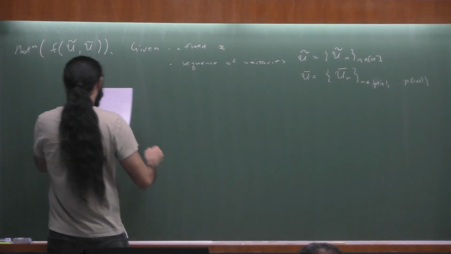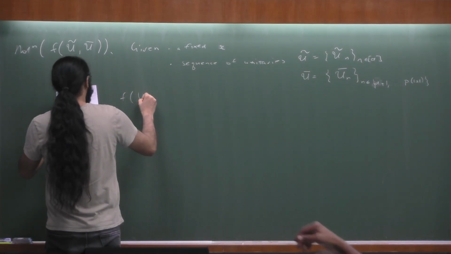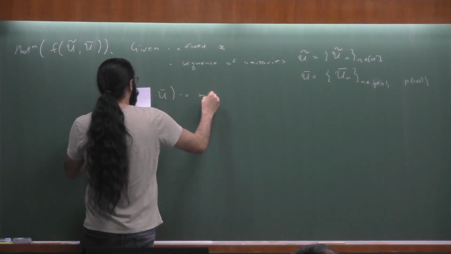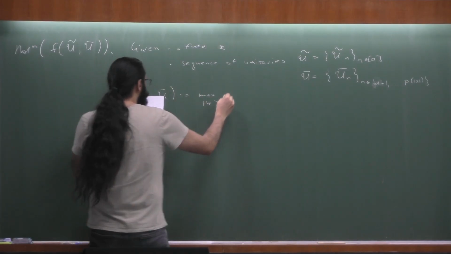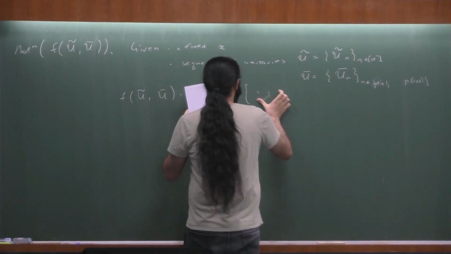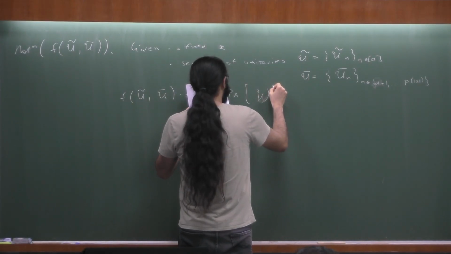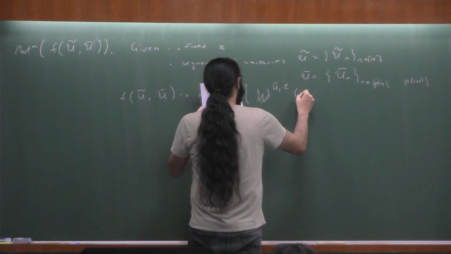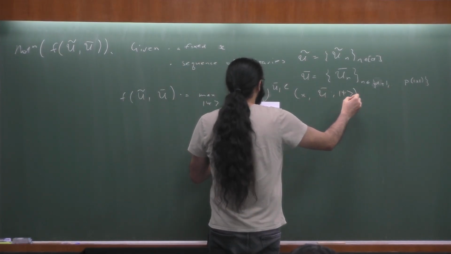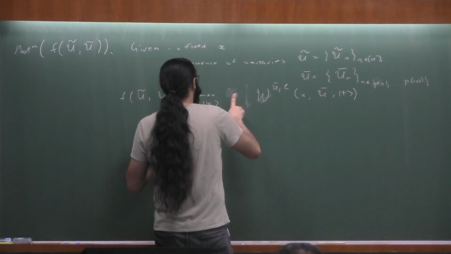So given the sequence, we defined f of u tilde, u bar as finding the best witness and writing the probability w bar c x u bar psi. So this thing I'm putting 1.